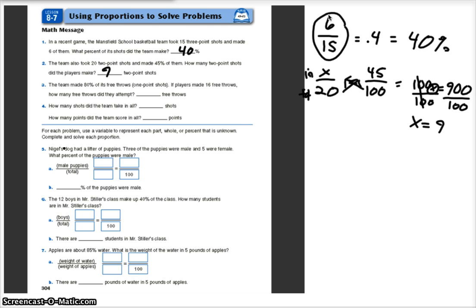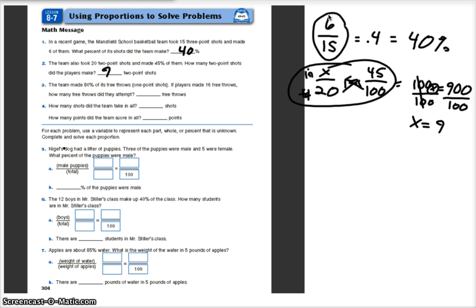Use that information of just what I set up, the proportions equal to each other. So Nigel's dog had a litter of puppies. 3 of the puppies were male and 5 were female. What percent of the puppies were male? Now be very careful.